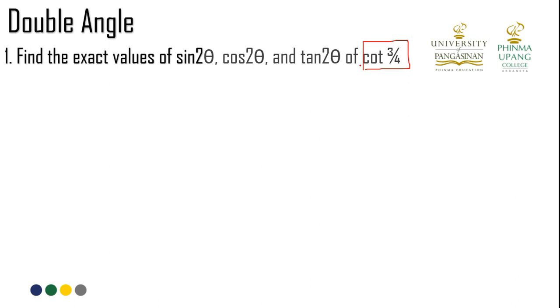Kung naalala nyo yung ating previous lesson, the formula to get the value of cotangent is the reciprocal of tangent. If tangent is y all over x, meaning to say your cotangent is x all over y. So your x here is 3 and your y here is 4.